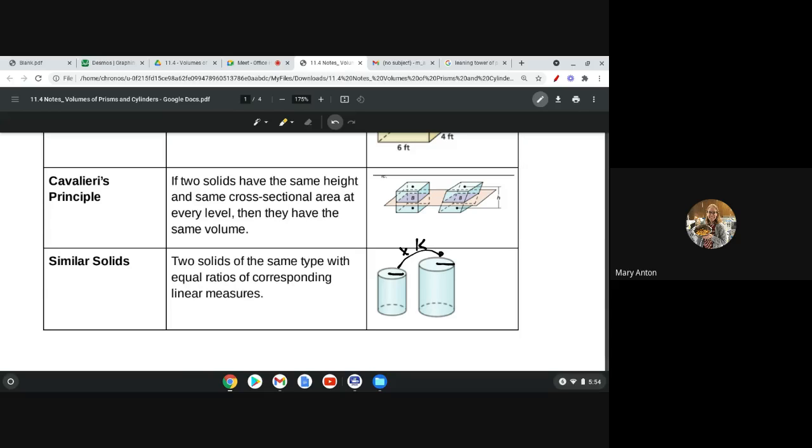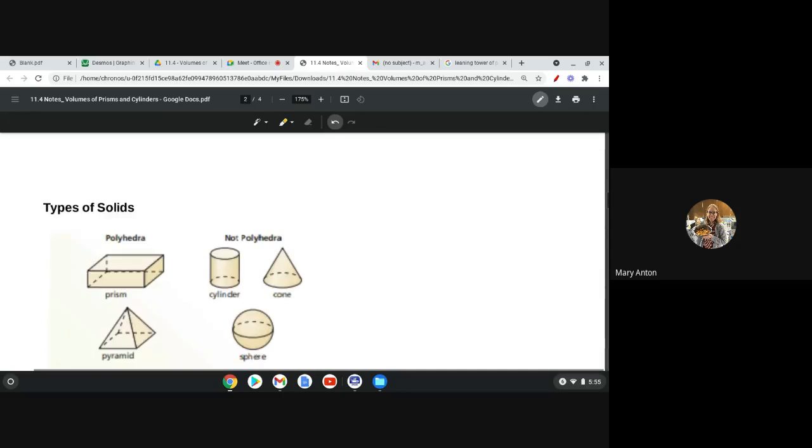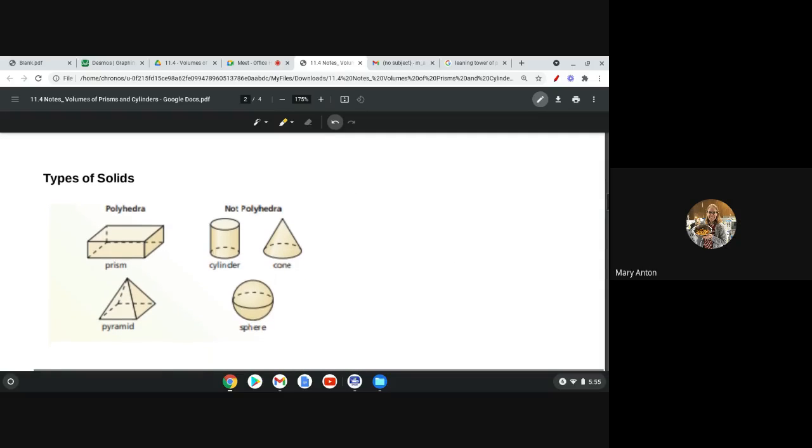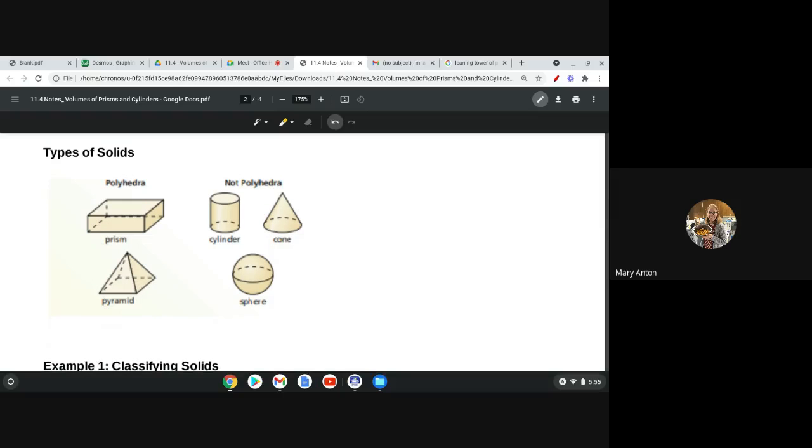That is, a times k. And there's an interesting property of the volumes of similar solids that we'll talk about today. So let's flip the page and talk about these different words we can use to describe solids.